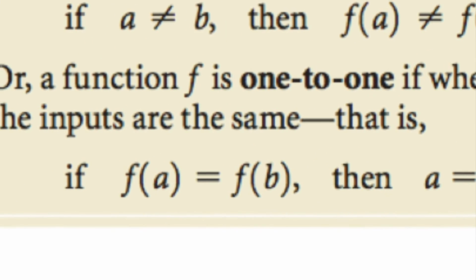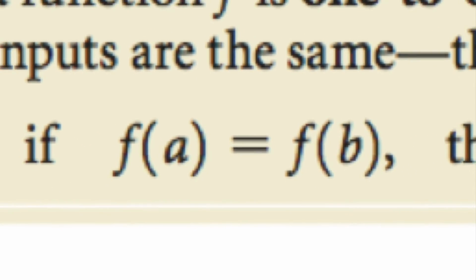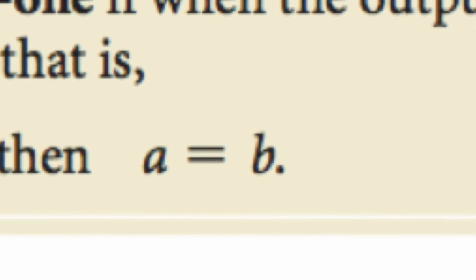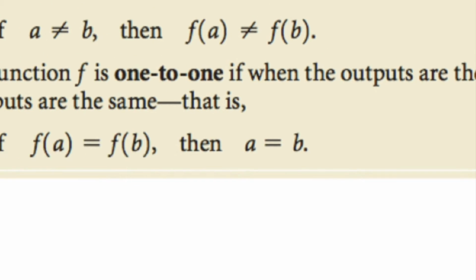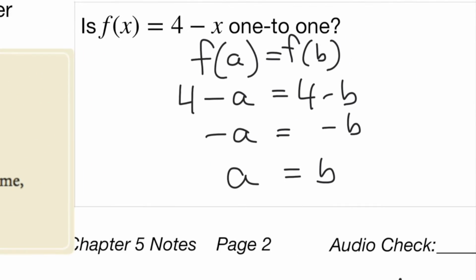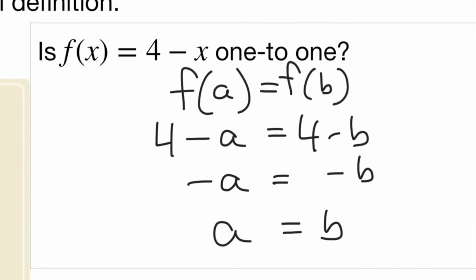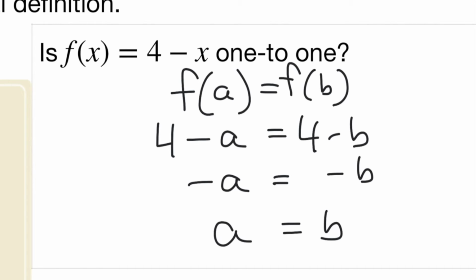You can start with this. If f of a equals f of b, then you should be able to get to this equation here as a last step. So what I'm doing here is basically a very short version of a proof, like we did in geometry. If you want to try and prove that this is 1-to-1, you have to start with this statement always, and then it goes f of a.